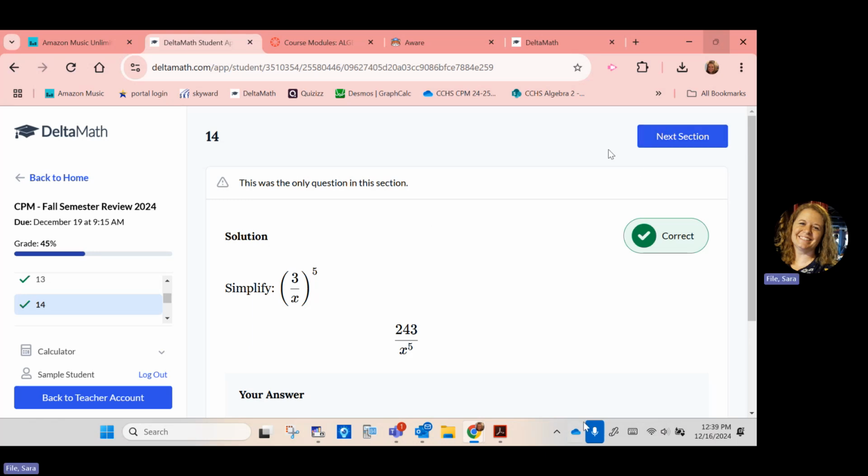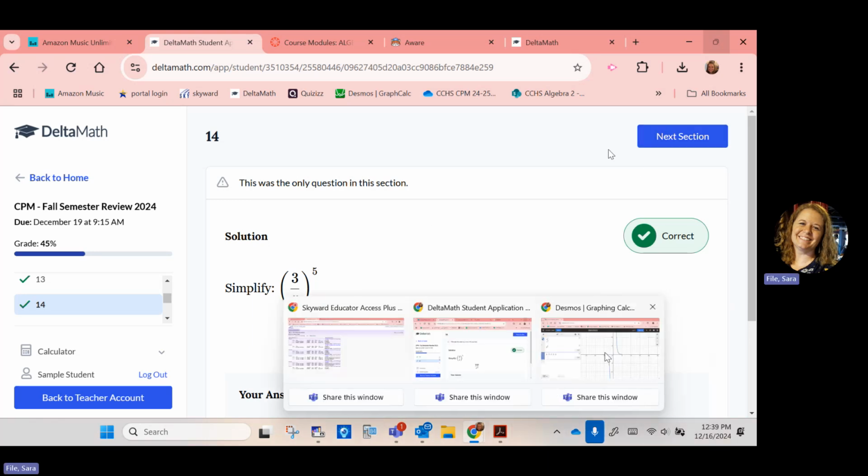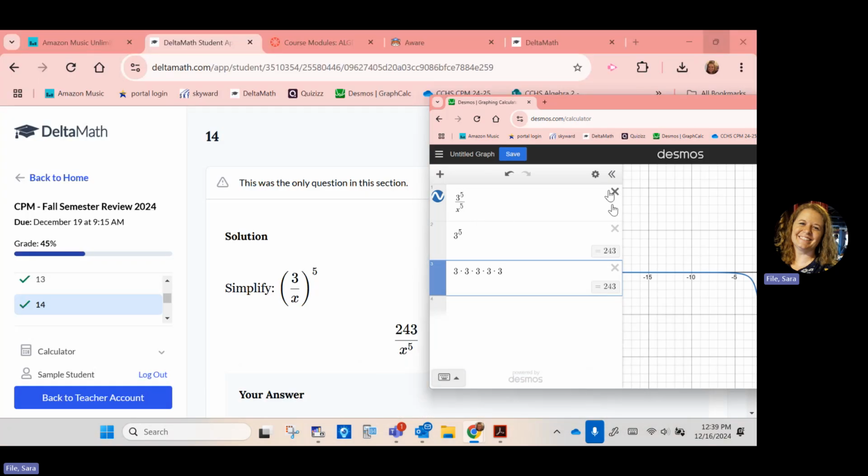You could also work backward from your answer choices on a question like that. Type in the way that it was originally written, 3 over x, this, to the 5th.